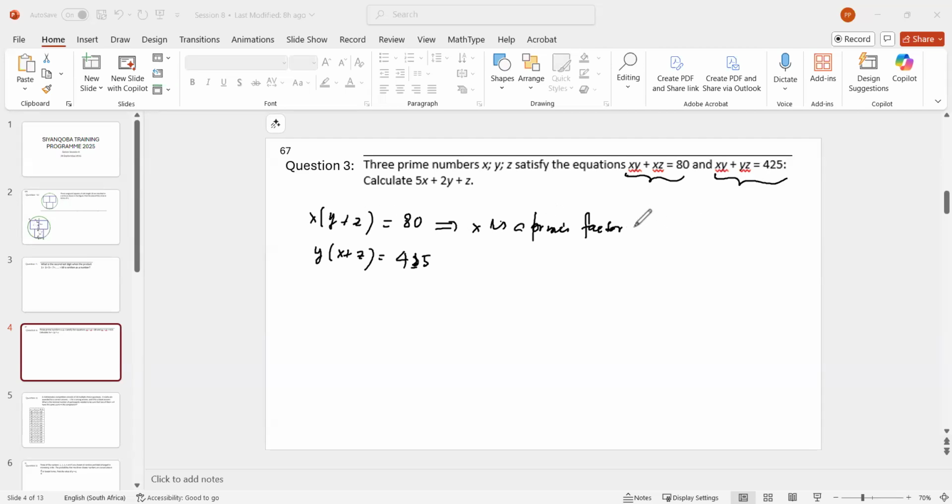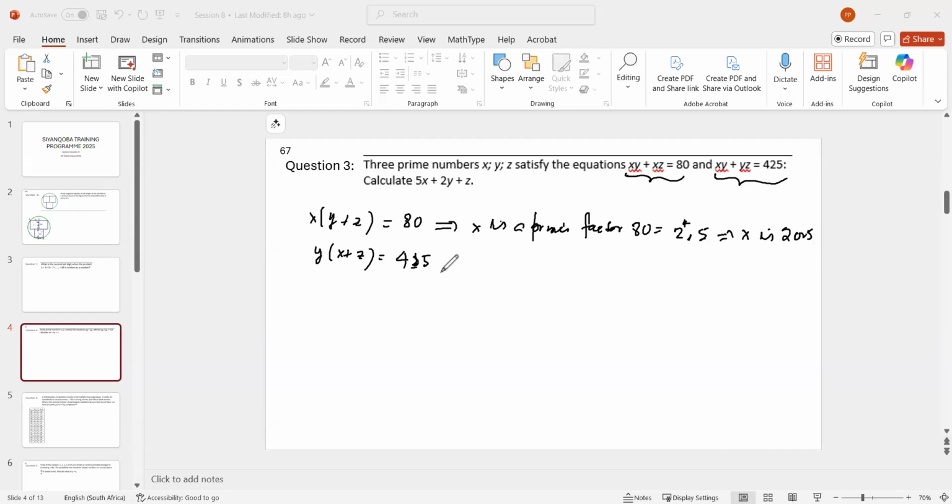It's a prime factor of 80. And when you work out the factors of 80, that's 10 times 8. And 8 is 2 cubed. 10 is 2 times 5. So this is 16 times 5, which is 2 to the 4 times 5. So the prime factors of 80 are only 2 and 5. Right? So you get x is 2 or 5.